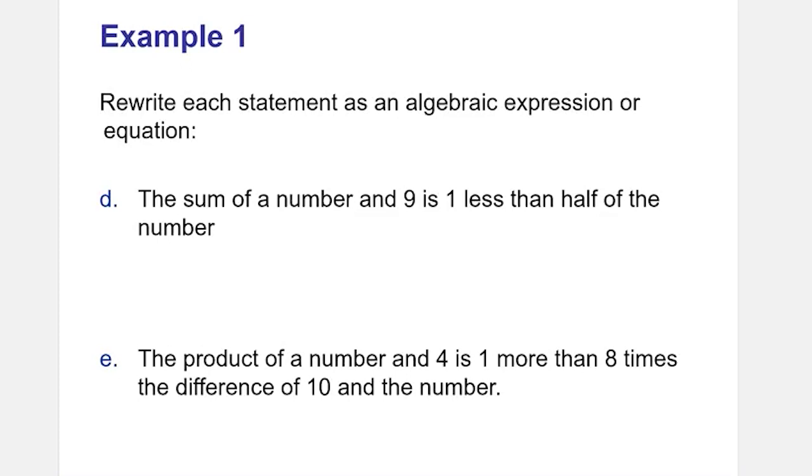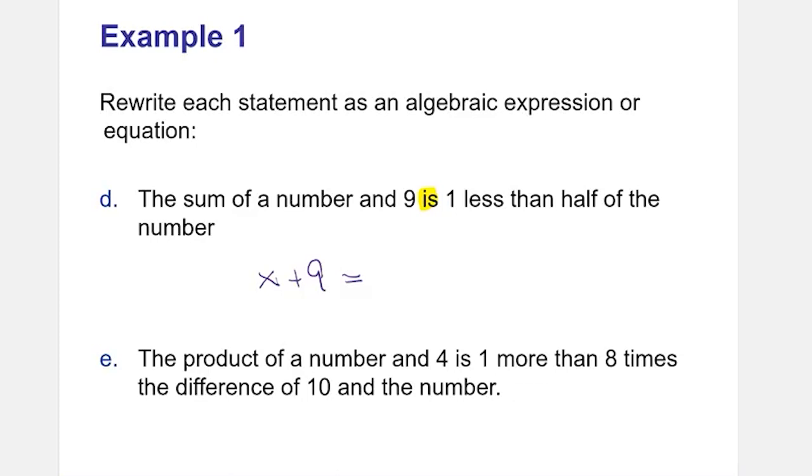Rewrite each statement as an algebraic expression or equation. We have more of the same. The sum of a number and 9 is 1 less than half of the number. Okay, so this has a lot of things happening. The first thing I notice is the word is, so that tells me we're going to have an equal sign. And the sum means addition. So the sum of a number and 9, and I'm just using x. Again, you can use any letter you like.